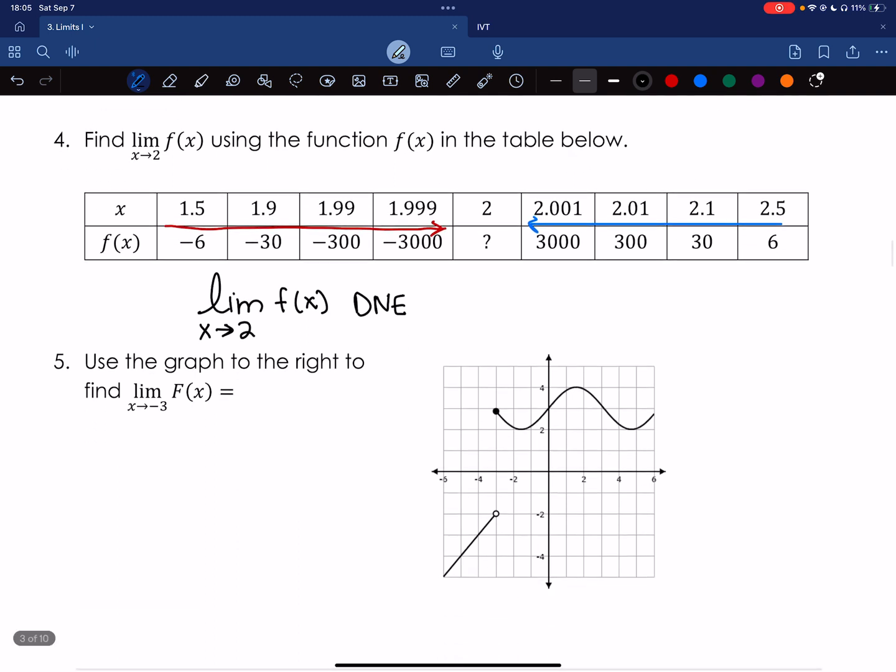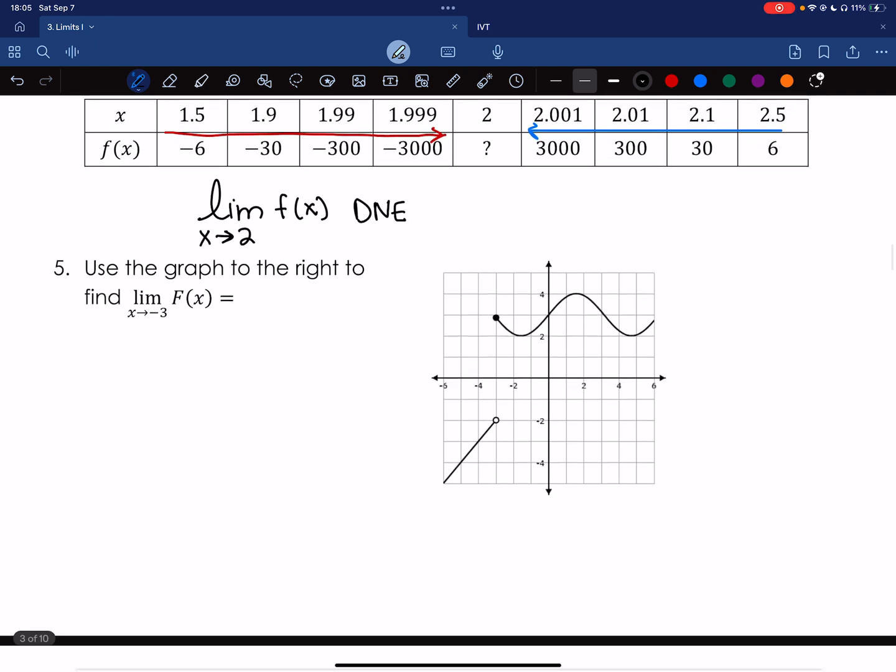The next one, use the graph to find the limit as x approaches negative 3 of f of x. I just want to practice writing this out. The limit as x approaches negative 3 from the left side of f of x looks like it's approaching negative 2.